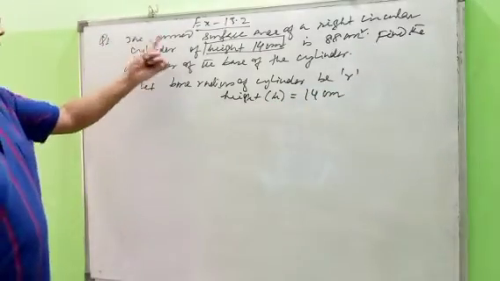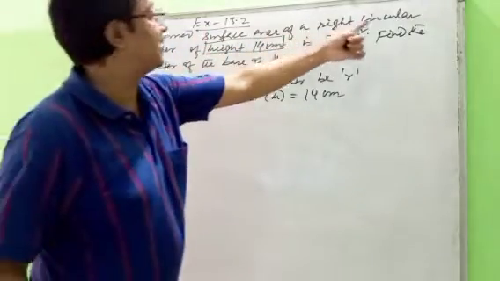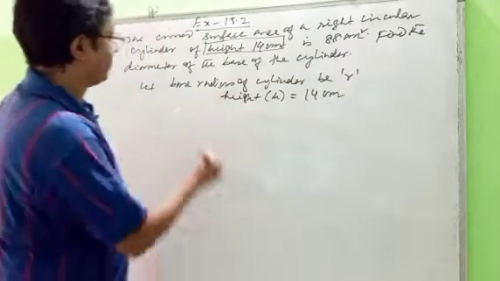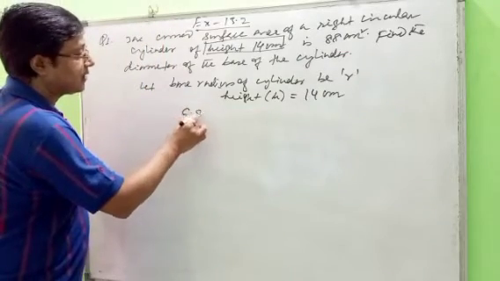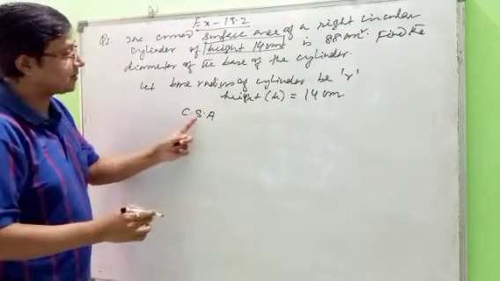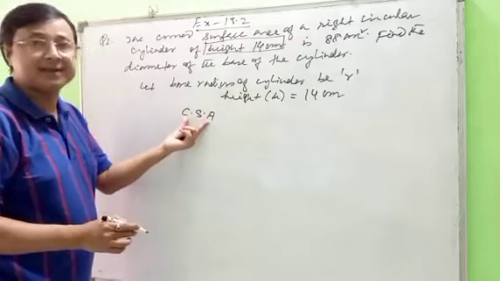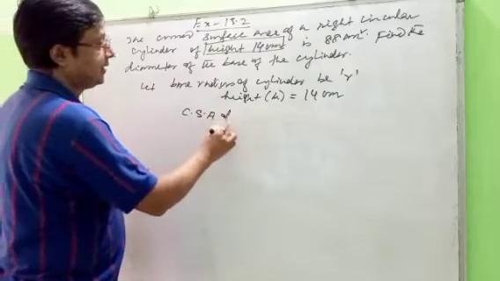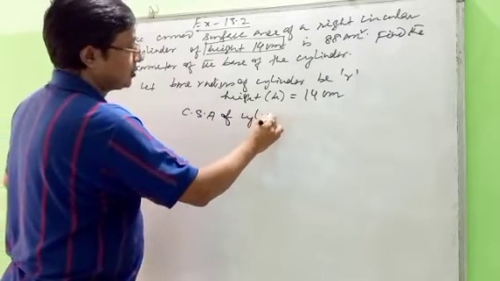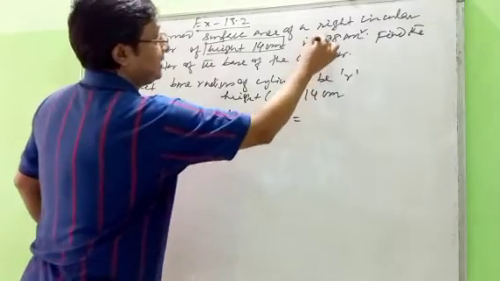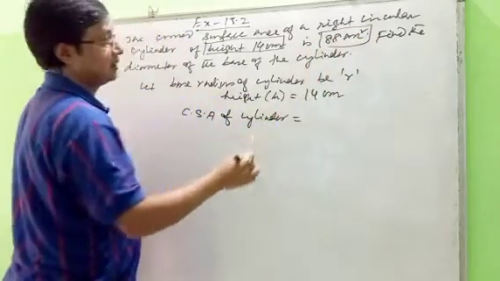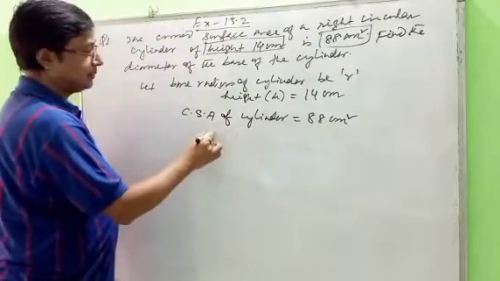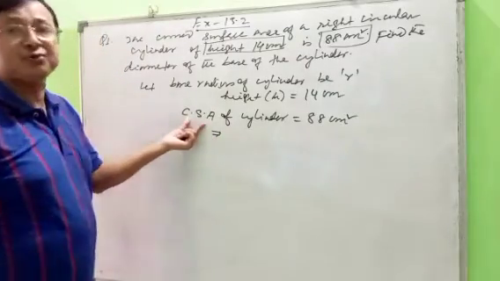Then they have given the curved surface area of the right circular cylinder as 88 centimeter square. In short, the curved surface area or lateral surface area of the cylinder is 88 centimeter square. Now you just need to know the formula.